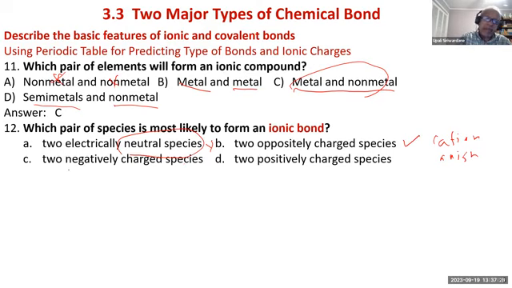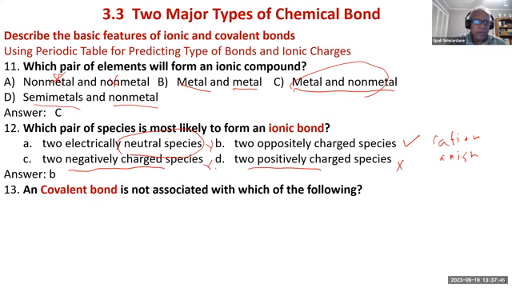Two negatively charged species repel each other. Or two positively charged, these two are wrong. An ionic bond is formed by two oppositely charged species, which are cation and anion. Answer is B.